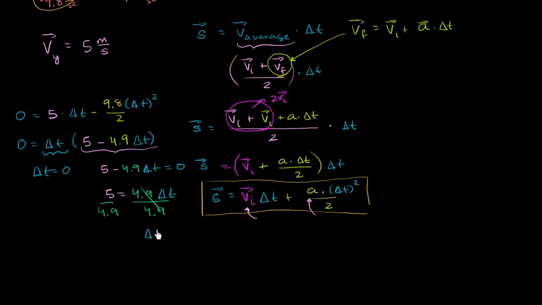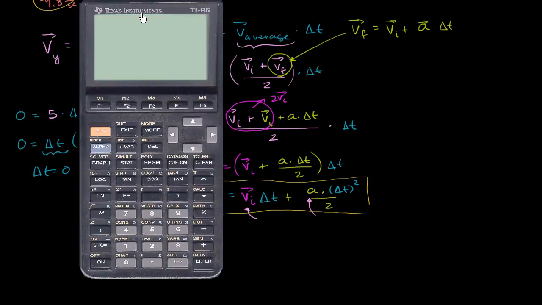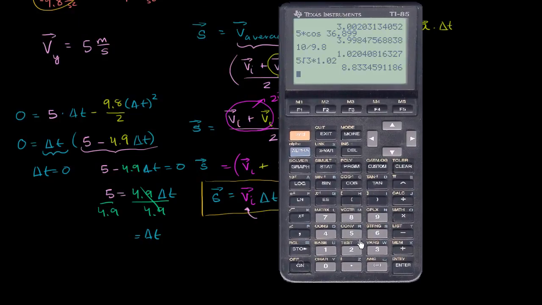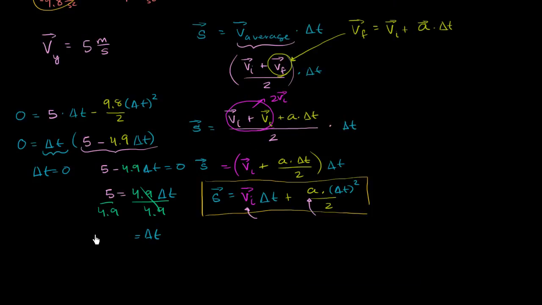So delta t is equal to 5 divided by 4.9, which is 1.02 seconds.